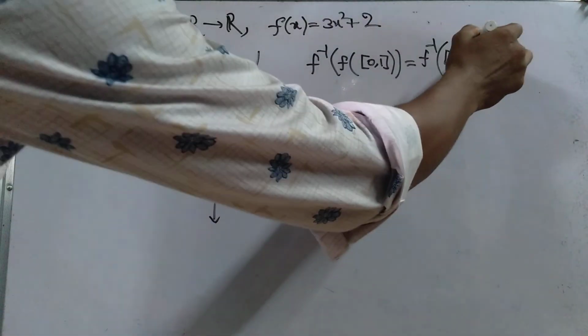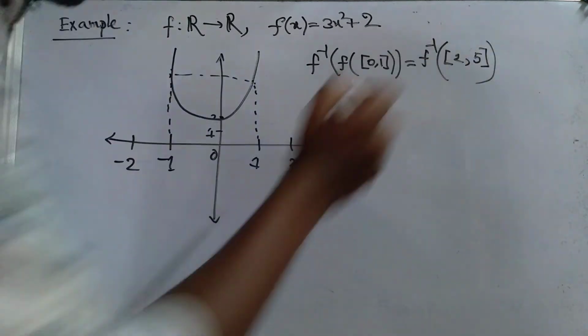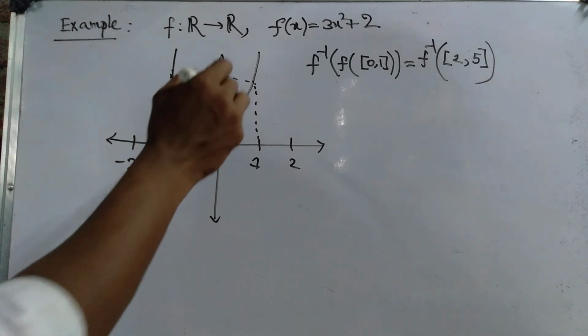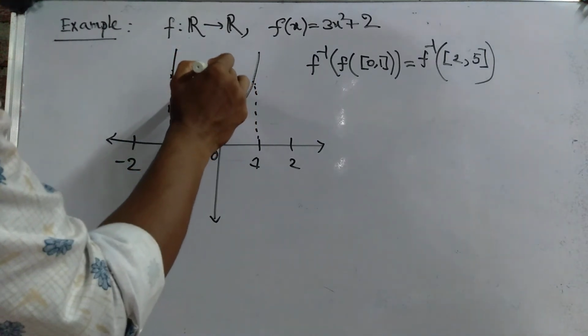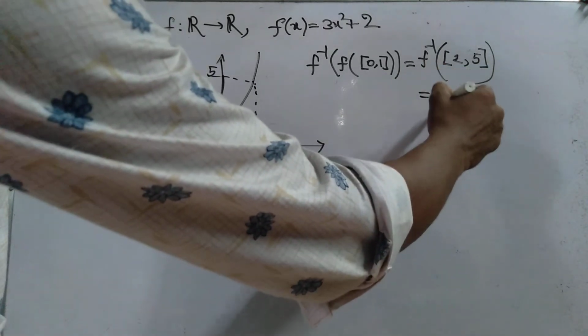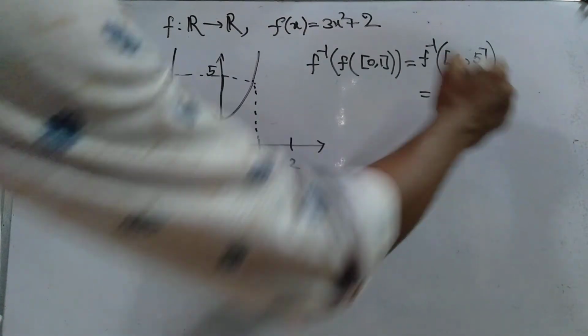If we put 1, then this one is 5. That means f of [0, 1] is [2, 5], and f inverse of [2, 5] equals how much? Equal to [-1, 1].